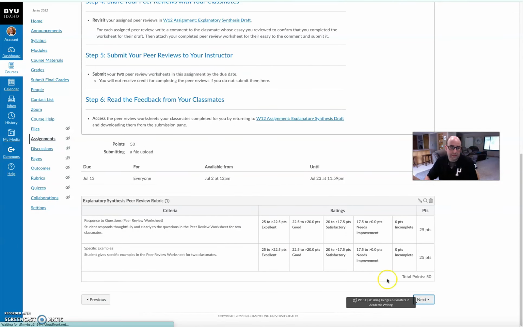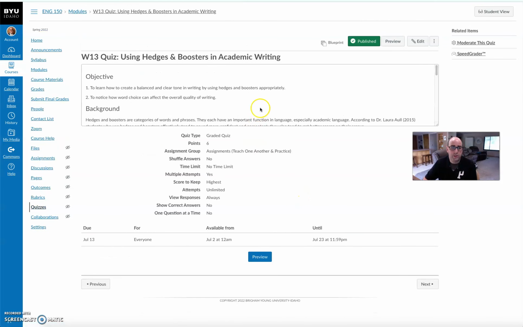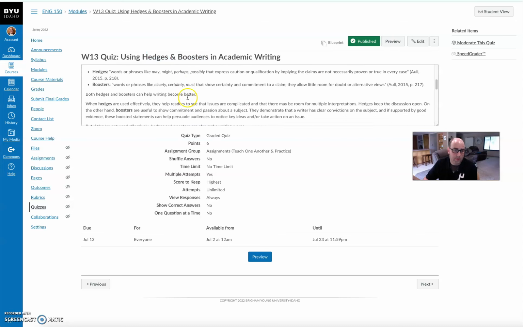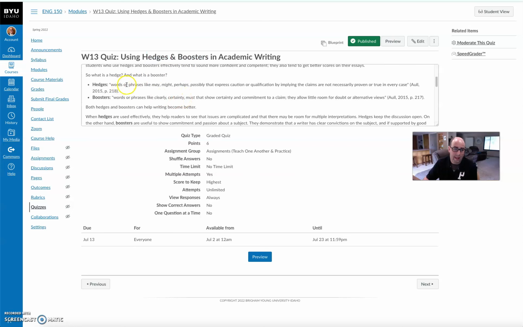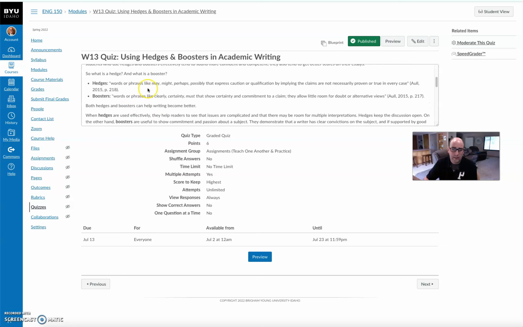All right, next thing is you are going to do a quiz about hedges and boosters. So this gives you some definitions about what a hedge is and what a booster is. This is just words that you can use.